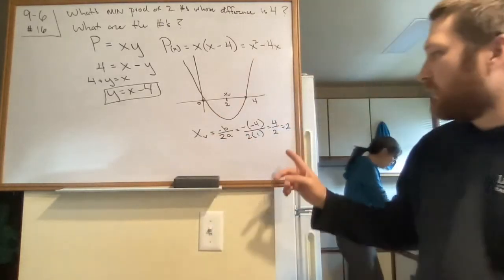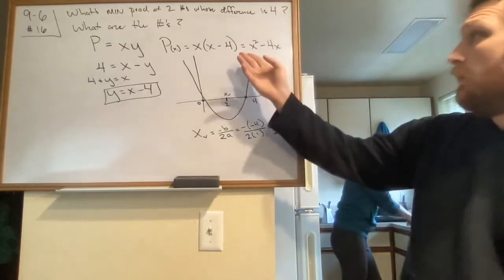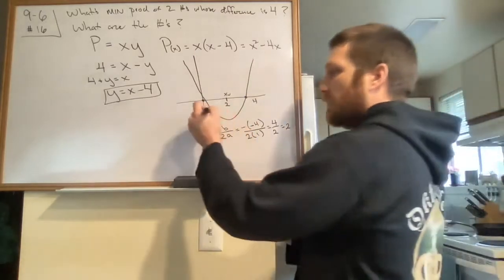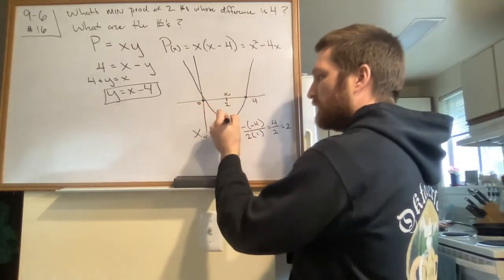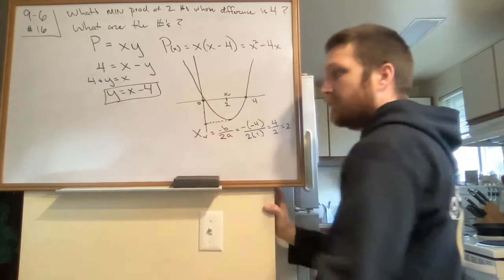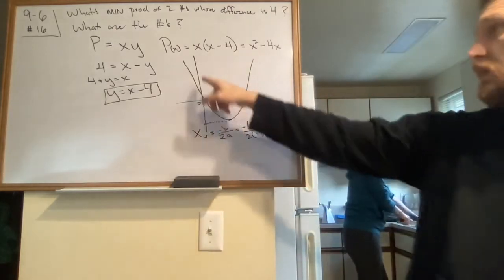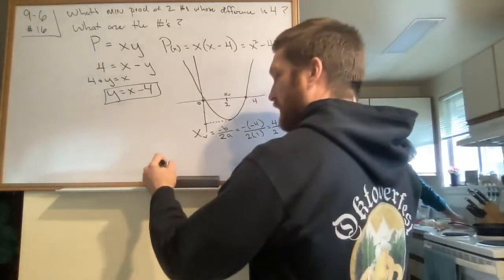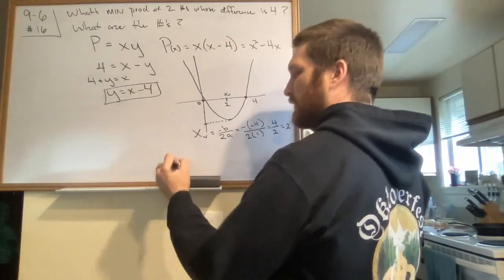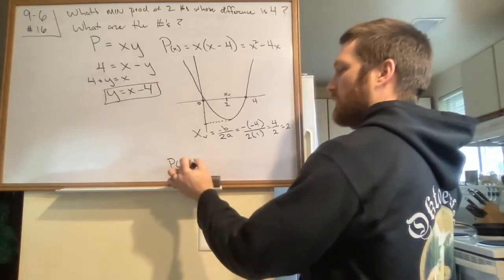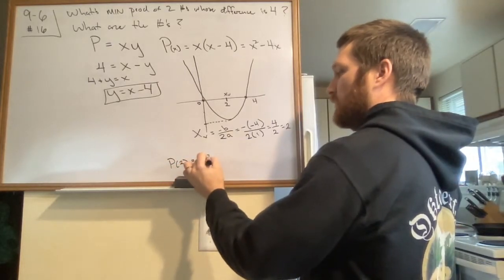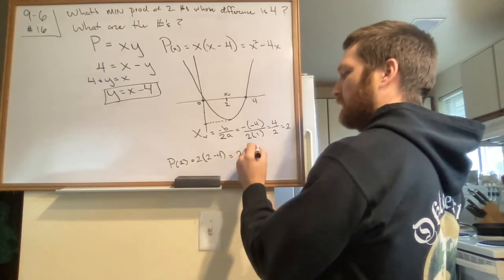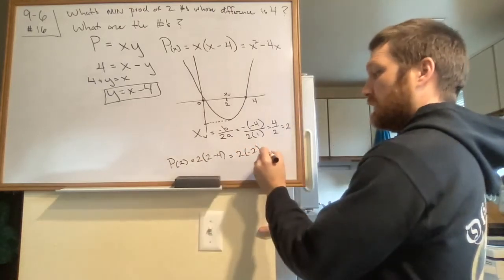So finally, we could plug this in here and see what we get out as the product. I'm expecting a negative number, actually, because by the shape of this, I should end up with something negative. Plug in a 2 for x, and we get 2 times 2 minus 4, which is 2 times negative 2, which is negative 4.